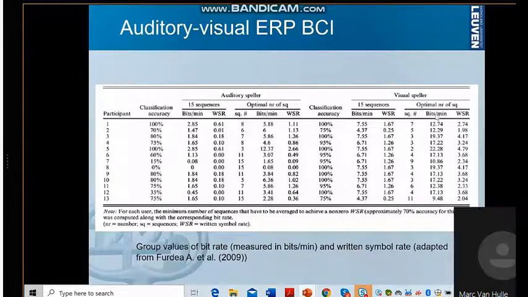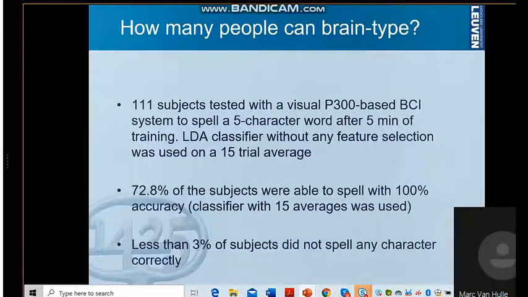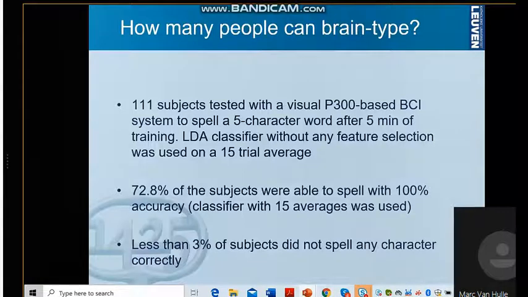You can optimize it, and then you see that you indeed have achieved more than double the number in terms of bits per minute. So this is an auditory visual interface for a brain-computer interface based on event-related potentials.